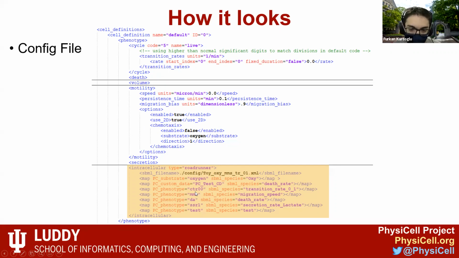What I am doing here is we have some tokens specific to PhysiCell, and then we just get the data from the SBML with the name of this. So let's say this one is the phenotypic part, and DA is a token for apoptosis, and the SBML species death rate, and this is in SBML. So if the SBML species is changing, then the death rate is changing.